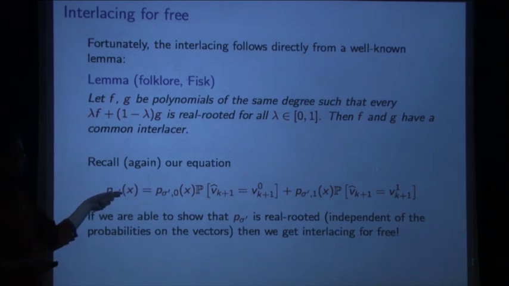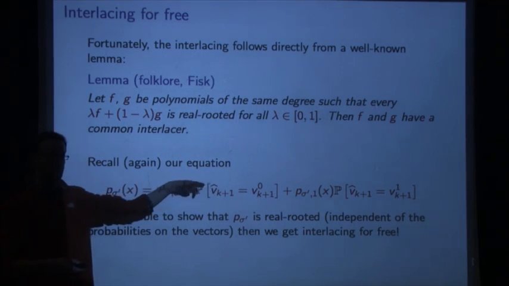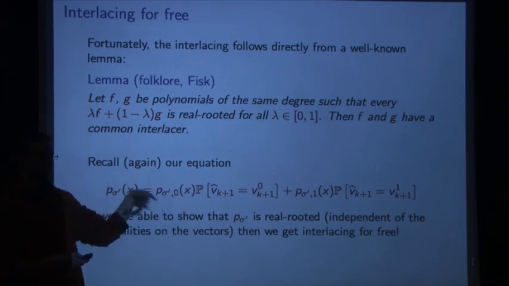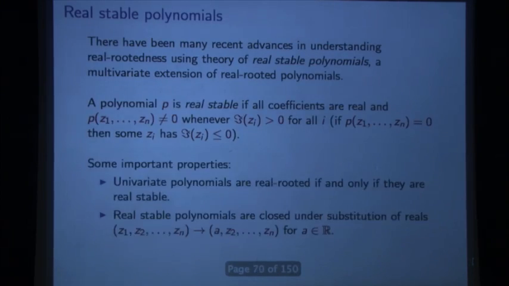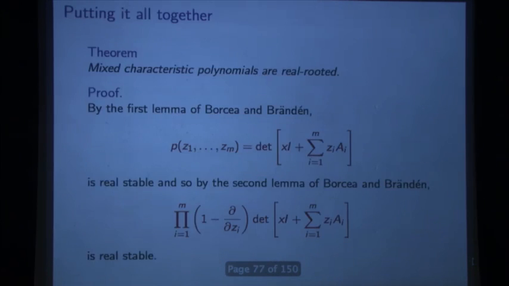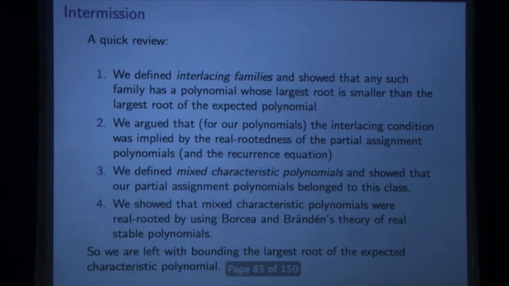So if I could show that this was real rooted for any version of these probabilities, then that's my convex combination. So I sort of did double duty here by being more general than I needed to be. Any other questions?